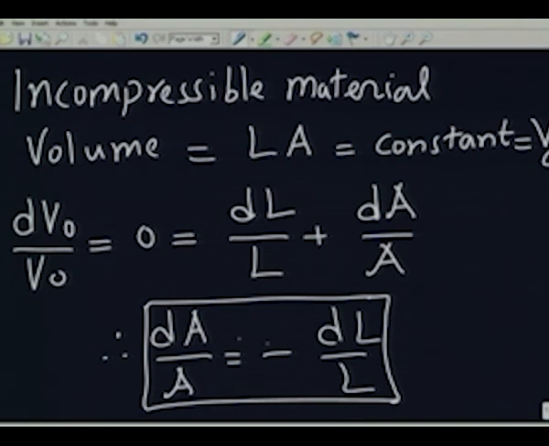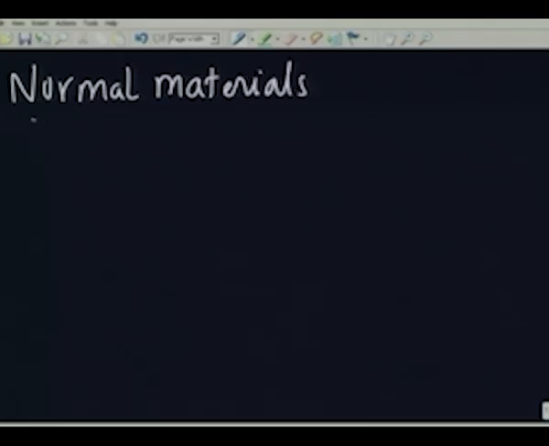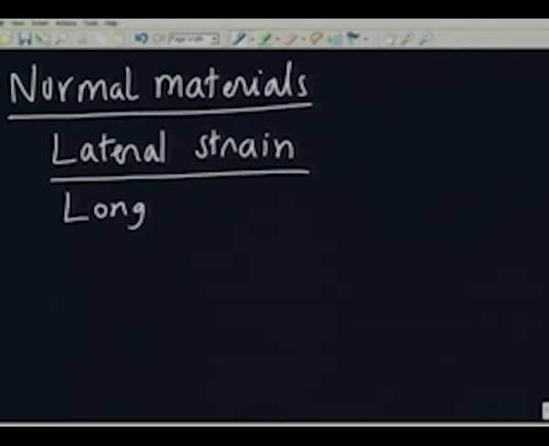Now, let us look at the case of normal materials. The one I talked about is an incompressible case, and most materials are not necessarily incompressible. So, if I have a strain in the longitudinal direction, I look at the lateral strain divided by the longitudinal strain. So, I am looking at two different strains.